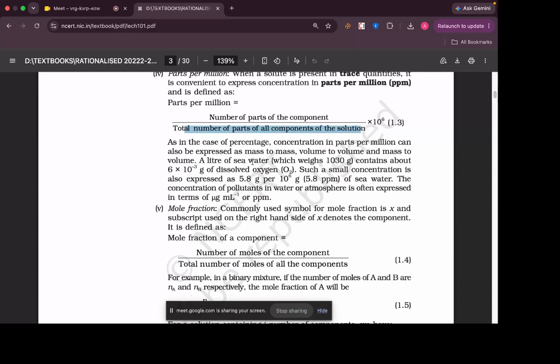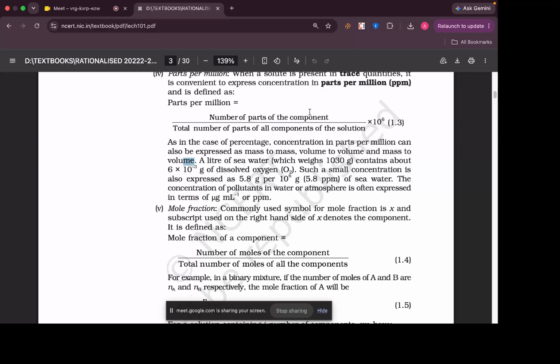Again here we have the real life application. It can also be expressed as mass to mass, volume to volume, mass to volume. Why is this happening?